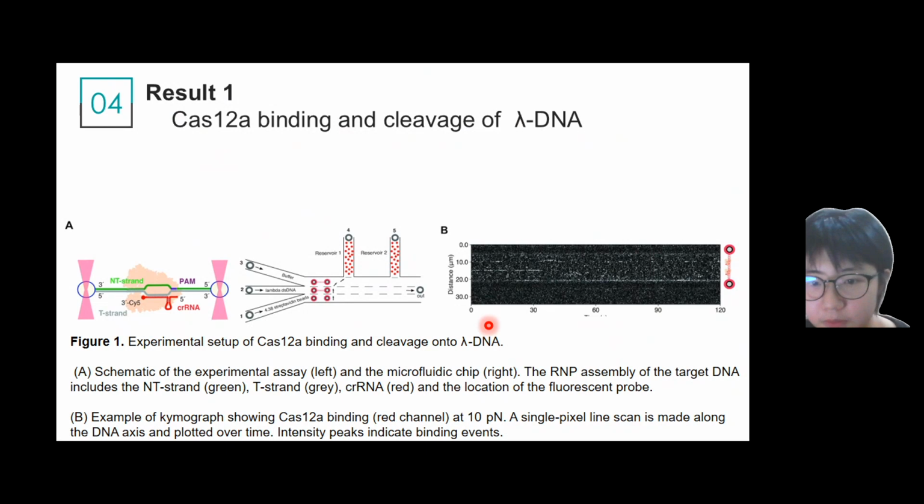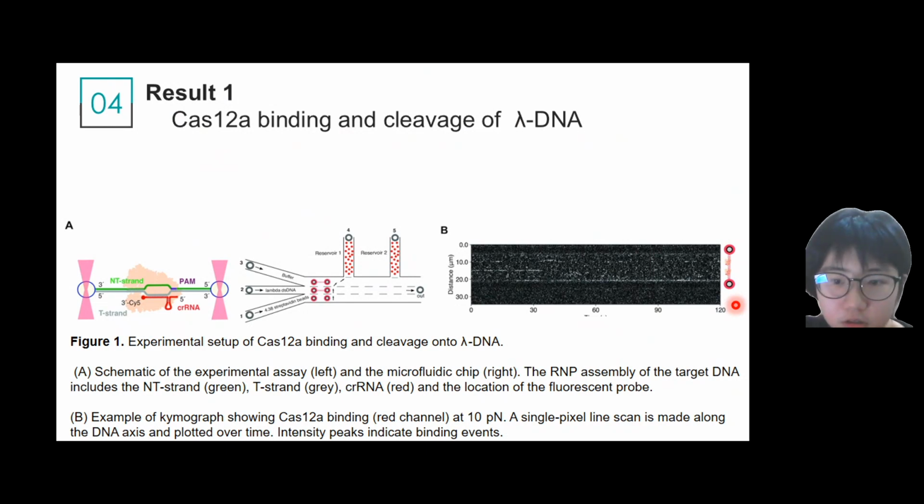In figure B, they use wild-type Cas12 protein and CRISPR RNA to bind, and lambda DNA was attached to two polystyrene beads here and pulled by a force of 10 piconewton.